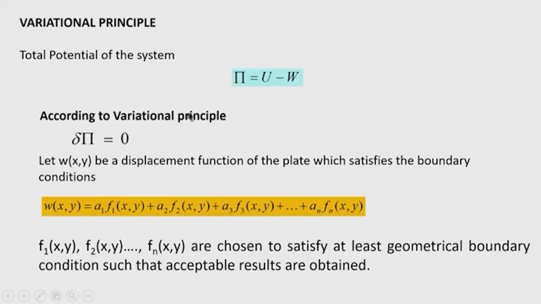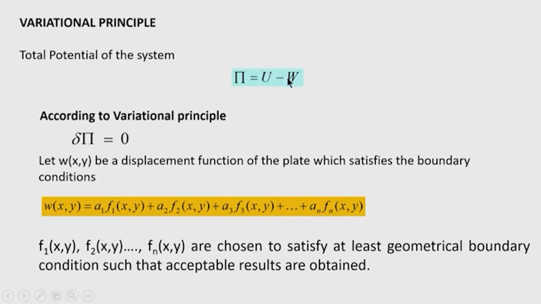Now, according to variational principle, the variation of capital Π, that is total potential, equal to 0. So, this is the equation, that means we have to take the variation of Π. Π contains the strain energy expression and also work done by the membrane forces. Now, you can see that this Π contains the arbitrary constants that are assumed to form a deflection function approximately.